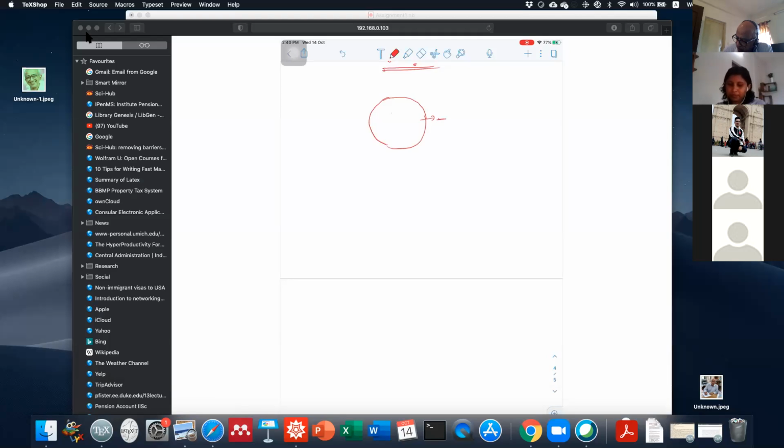I had it inverted at first, but negative charge is embedded, so these are negative, and the sphere itself is positively charged. Yes, sir. Fine. So that is the model.